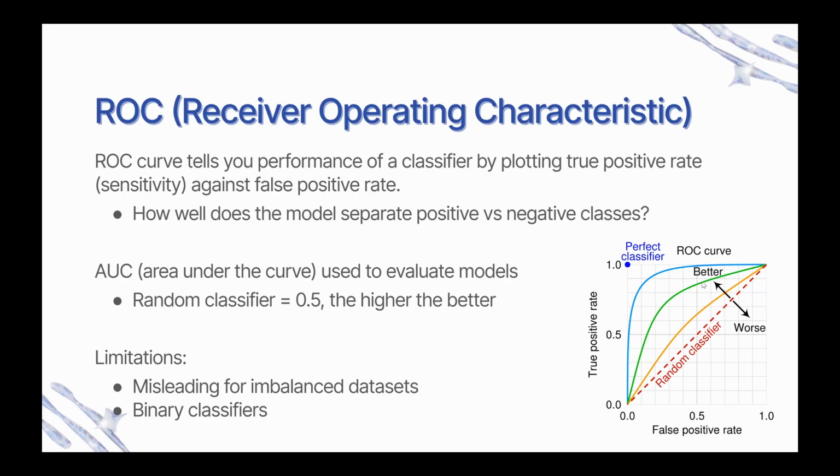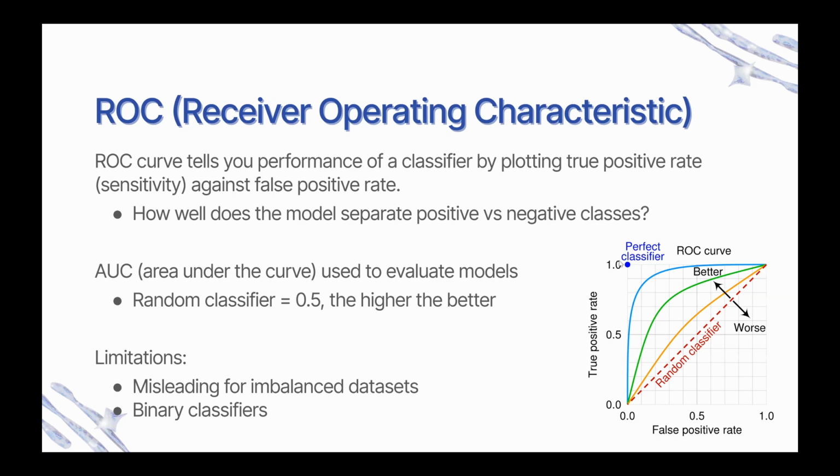Okay. And I hope that everybody can see why the ROC curve is the way it is, right? Because ideally, this point here, you would want a 0% false positive rate and a 100% true positive rate, right?